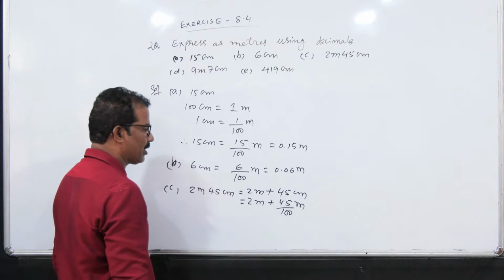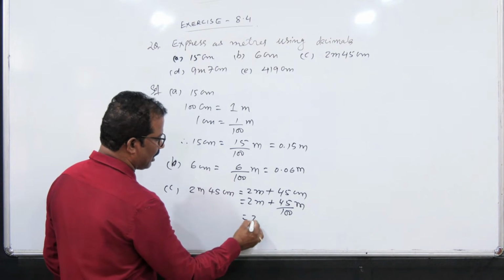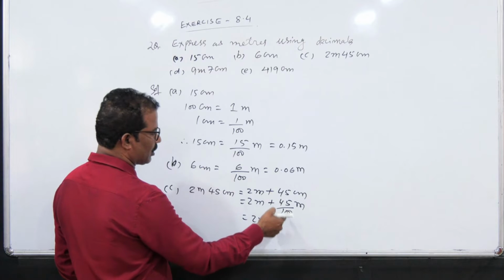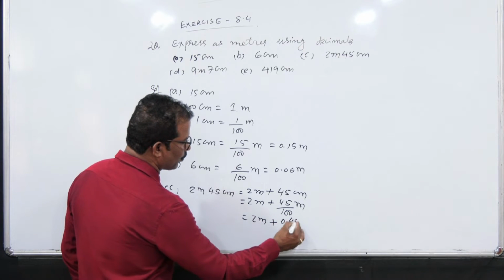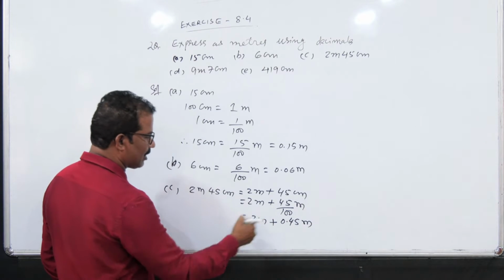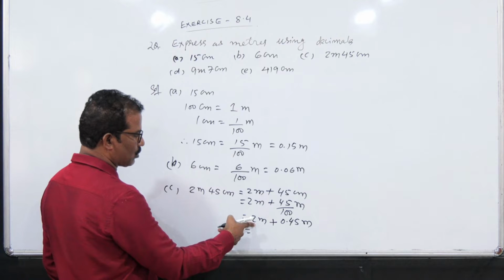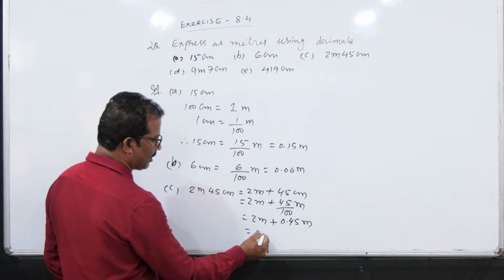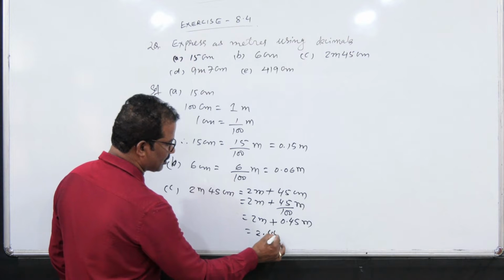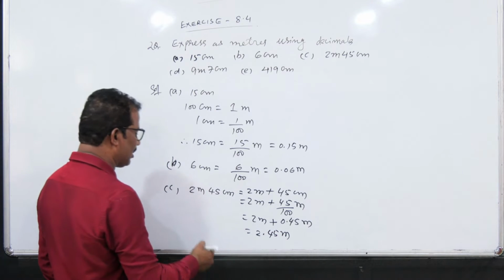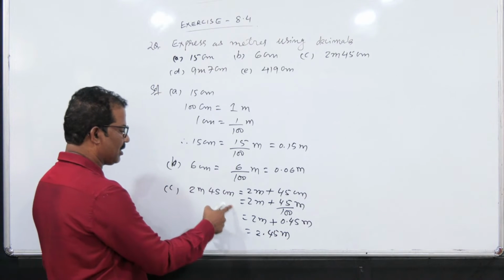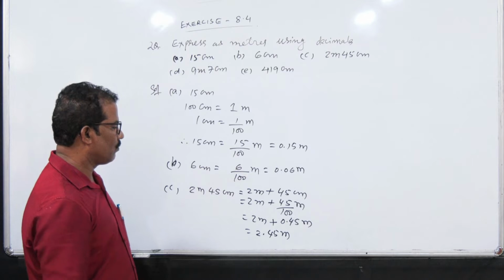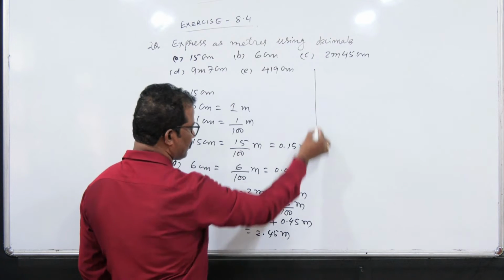Now this centimeter will become meter only. And again, if you divide 45 by 100, we will get 0.45 meter. If we add these two parts, it is whole number 2 and whole number 0, 2 plus 0 is 2 point, and then the decimal part is 45 only. So together, 2 meter 45 centimeter is equal to 2.45 meter only.